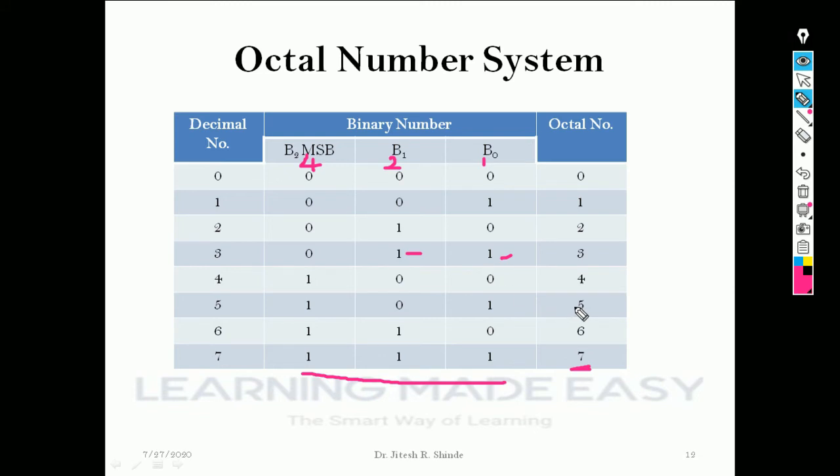Same logic for 5. 5 means 4 plus 1, so the code is 101. This table gives us the idea to represent one octal digit. Minimum number of binary bits required is 3.